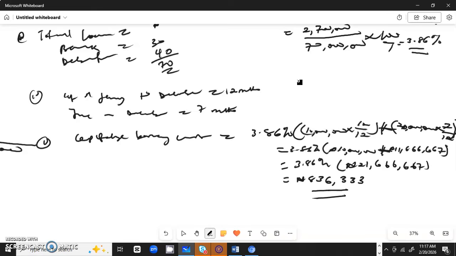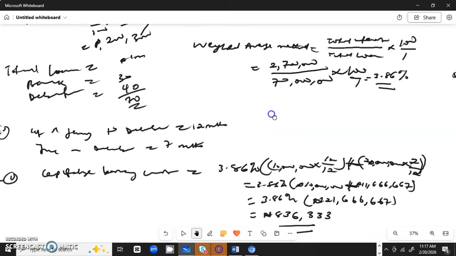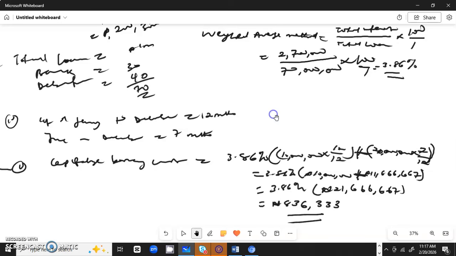So out of the loan that we took, the loan of 70 million naira, that's 2.7 million naira interest. We are able to capitalize 836,333.